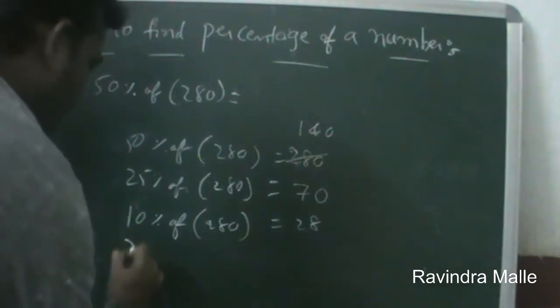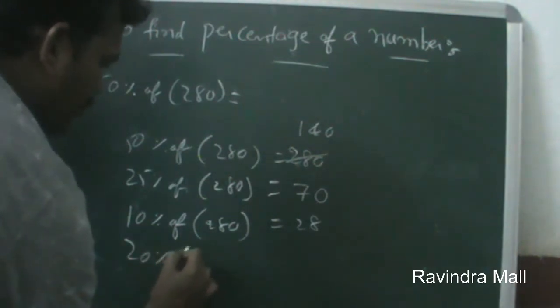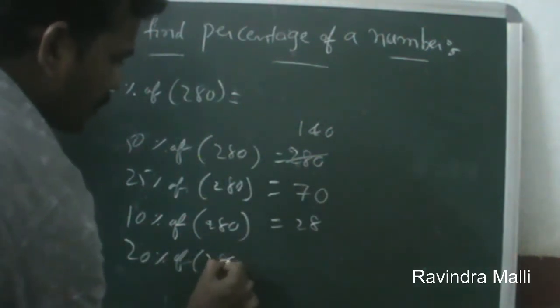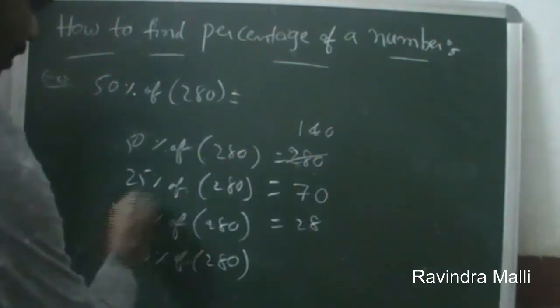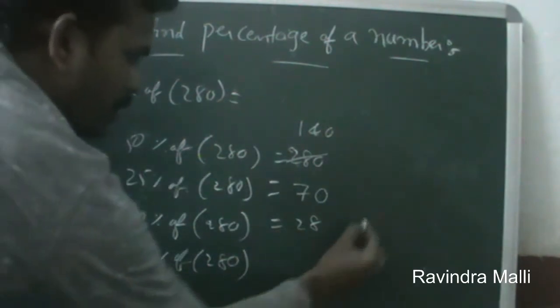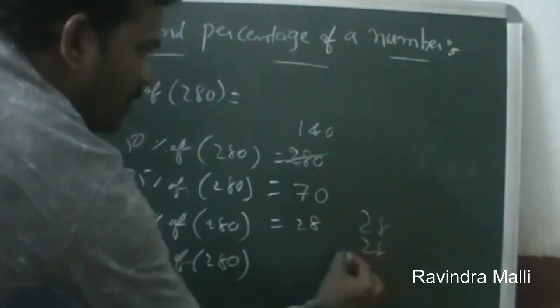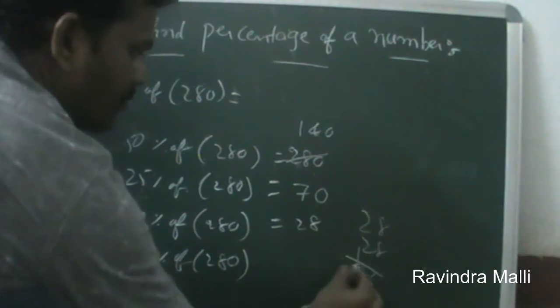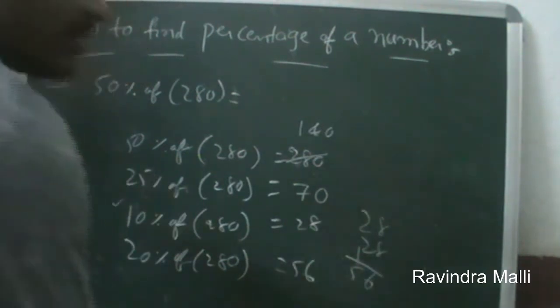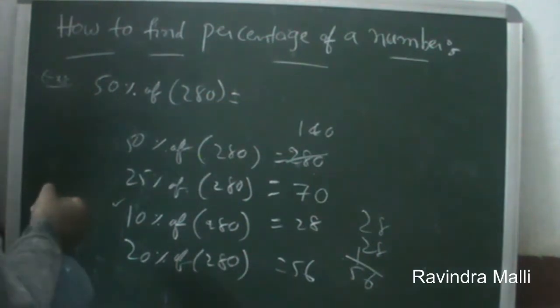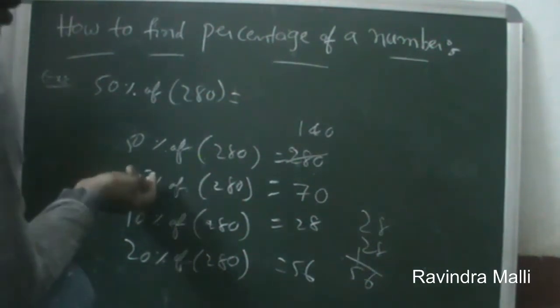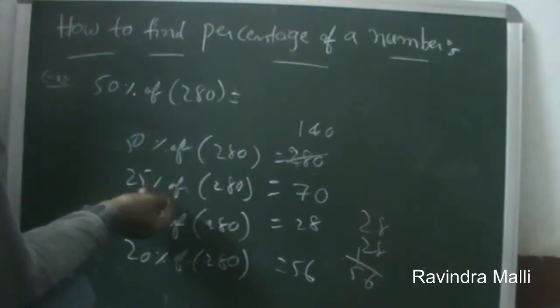If it is 20%, 20% of 280 is a little difficult to find. So if you know the 10%, 10% is 28, 28 plus 28 is 20%. Got it? So you know a general mathematical procedure to find the percentage of a particular number.